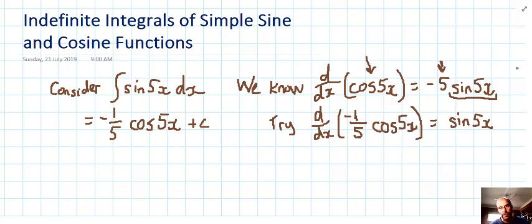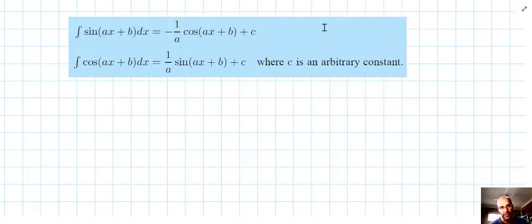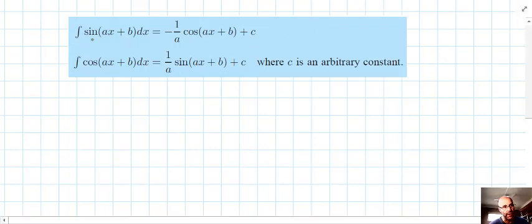So we can use some rules around that, because we could go ahead and use some other variations, and we could get plenty of results which are consistent with these rules. Here they are. Please take note. We have the integral of sine(ax plus b), where a, b, and c are constants, so they're real numbers, in other words.